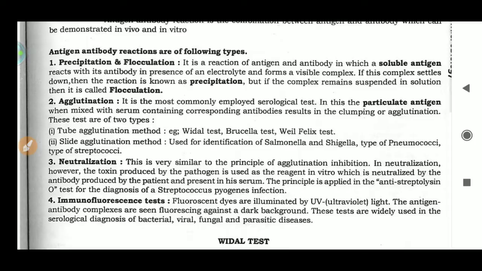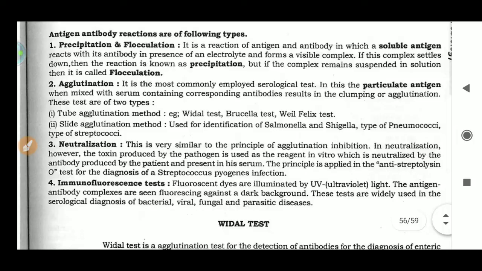The third type is neutralization. This is very similar to the principle of agglutination inhibition. In neutralization, however, the toxin produced by the pathogen is used as the reagent in vitro, which is neutralized by the antibody produced by the patient and present in the serum.